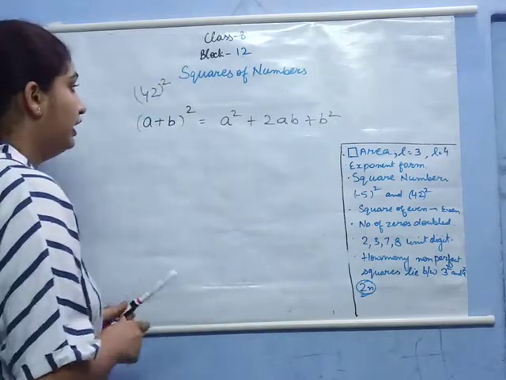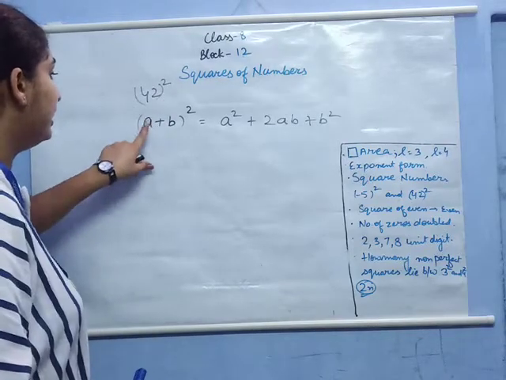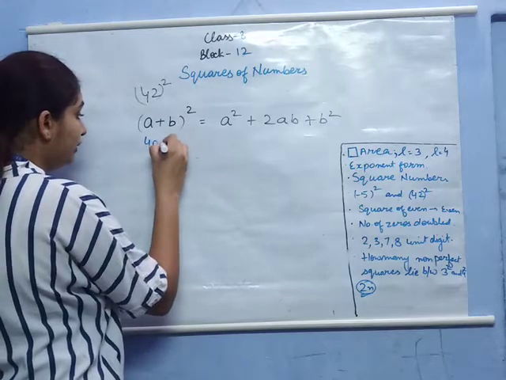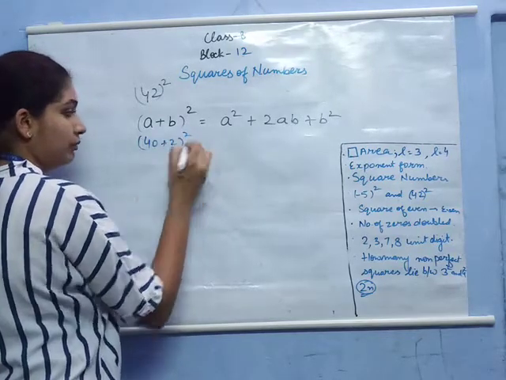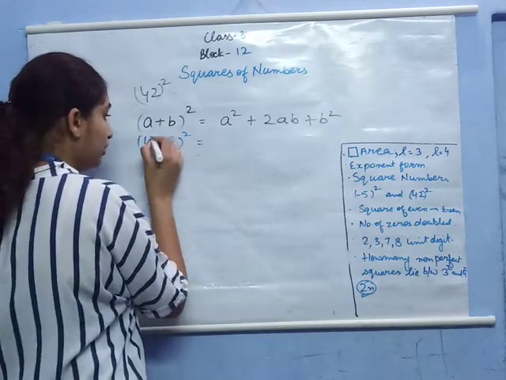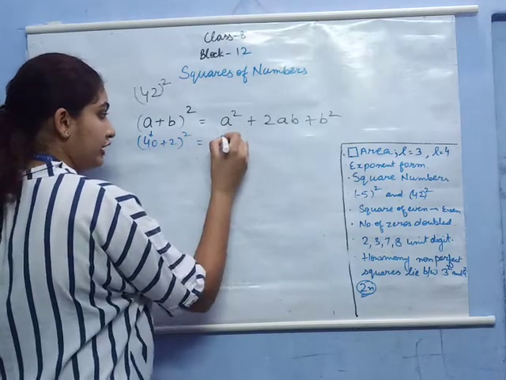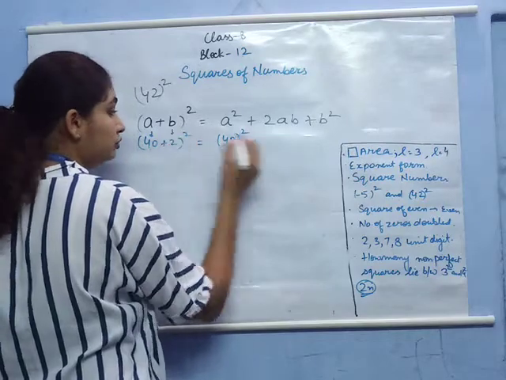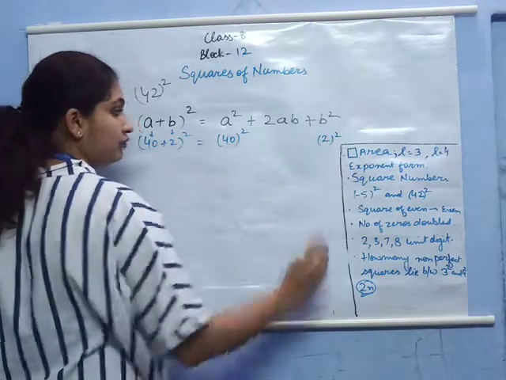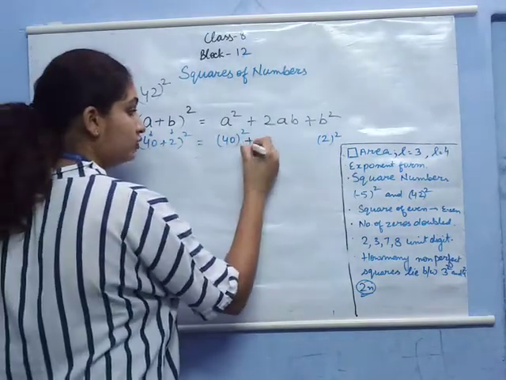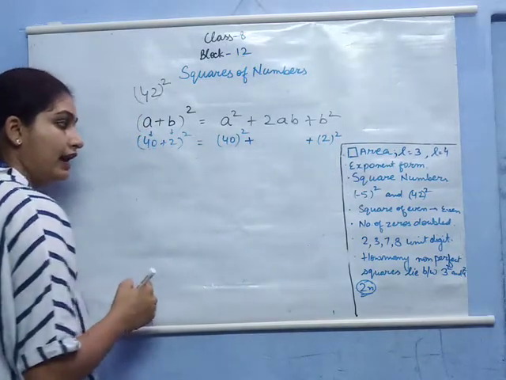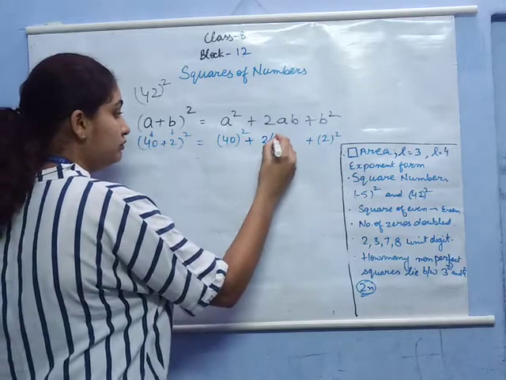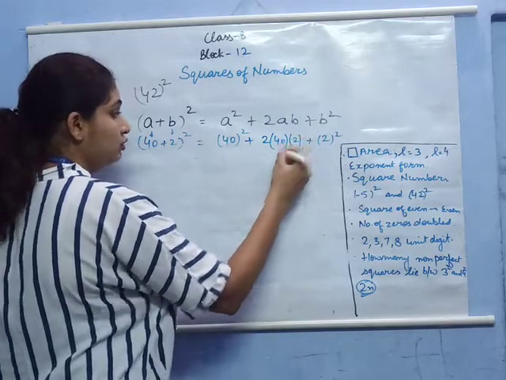What I'll be doing over here, instead of 42 I'm writing 40 plus 2. I'm extending it. I'll be writing (40 + 2) whole square, right? So instead of a I'll be writing 40 square, instead of b I'll be writing 2 square, right? 40 square, 2 square, and in between I have to write 2 times a into b, 2 times 40 and 2 also.